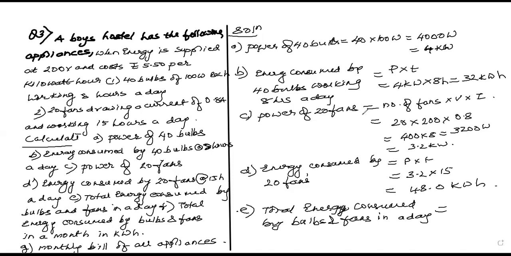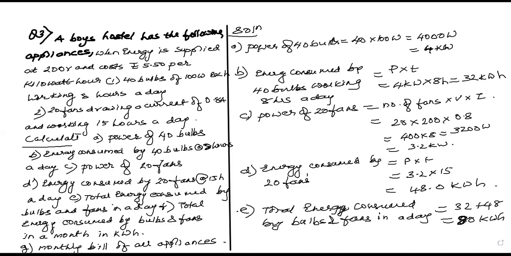Got it? So how much will it be? You can see here, children, we have got it earlier, 32 plus 48. So how much does it work out? It works out to 80 kilowatt hour. The total energy consumed by bulbs and fans in a day is 80 kilowatt hour.